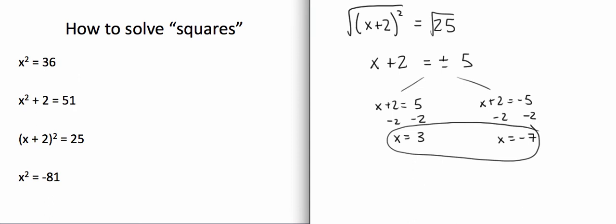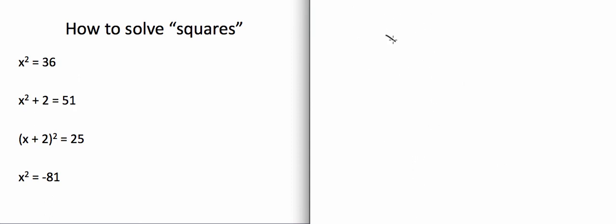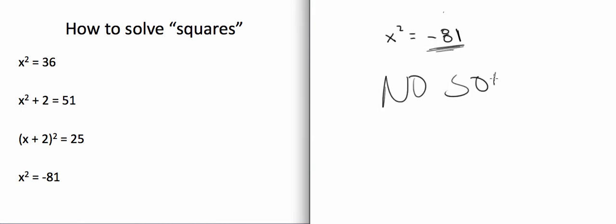Alright, last example here, x squared equals negative 81. Anytime that you get a problem where you have an x squared on one side and that's the only thing that's left over, and then on the other side is a negative number, we're always going to have an answer of no solution.